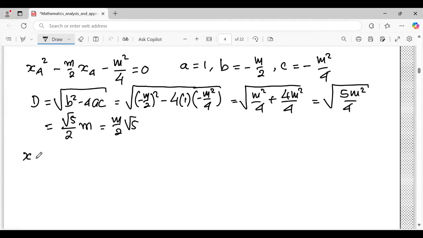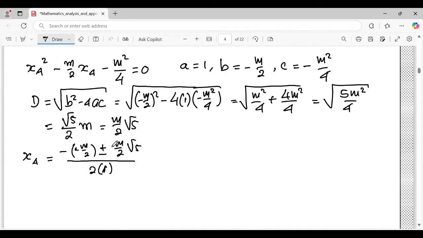xa we can determine through minus b plus minus square root of the discriminant over 2 times a, 2 times 1. Minus b is minus of minus m half, plus minus m half square root 5, over 2 times 1.